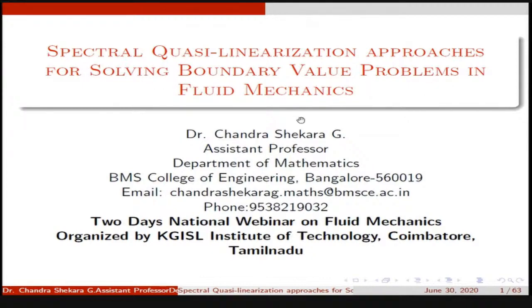As we know, fluid mechanics is actually an engineering subject, but many physicists, people from chemical engineering, biotechnology, mechanical engineering, civil engineering, and also mathematics are very fond of fluid mechanics. Most mathematicians study fluid mechanics as a theoretical subject.